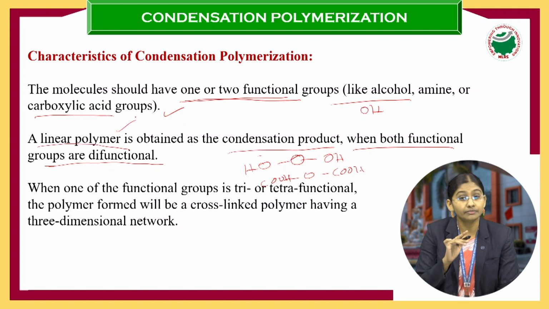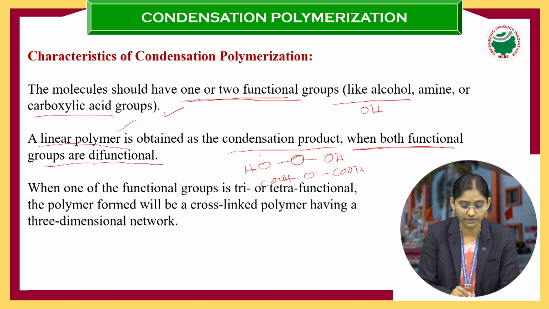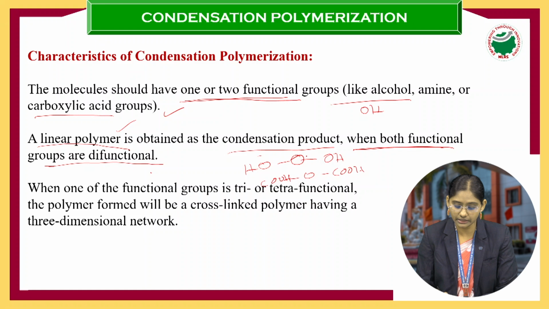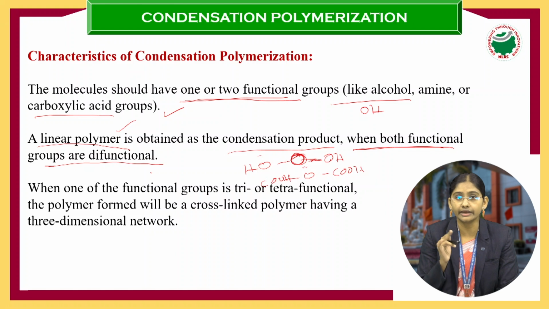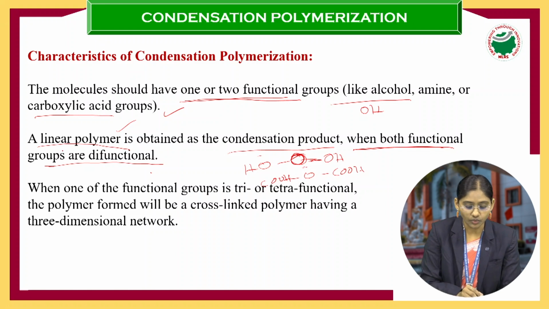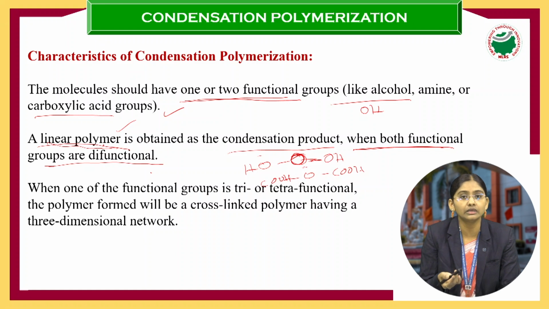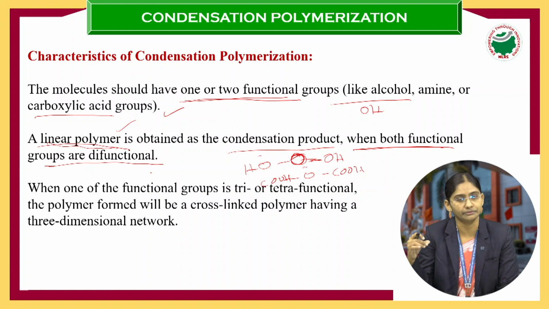So if both the functional groups are attached here, the monomer is difunctional. That means two functional groups are attached to the monomer. What type of polymer is formed? A linear polymer is formed.